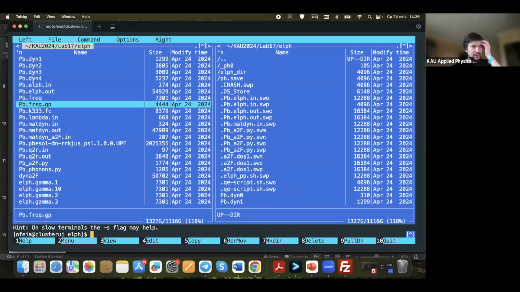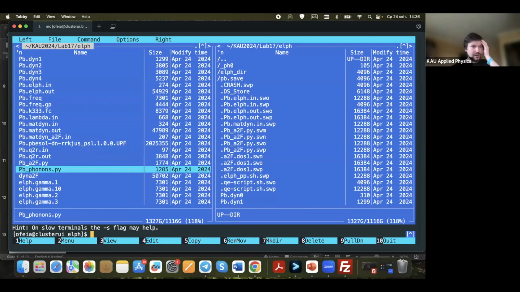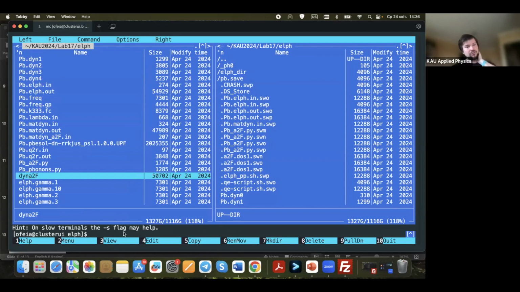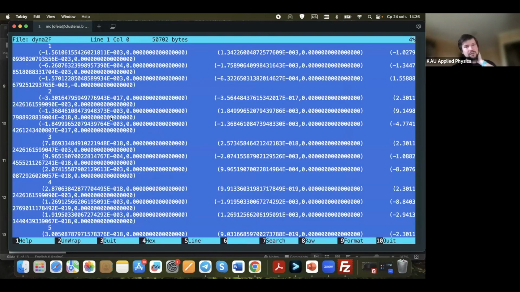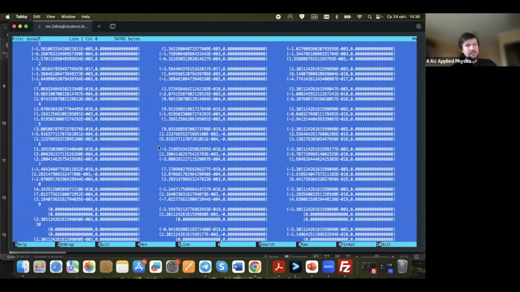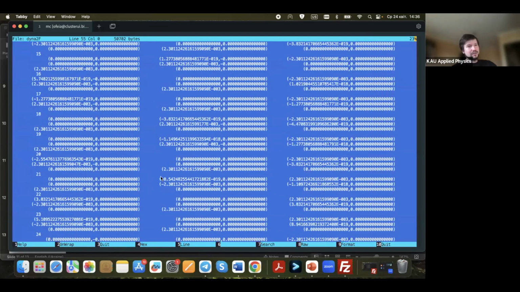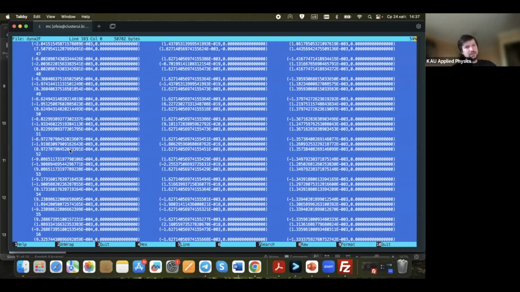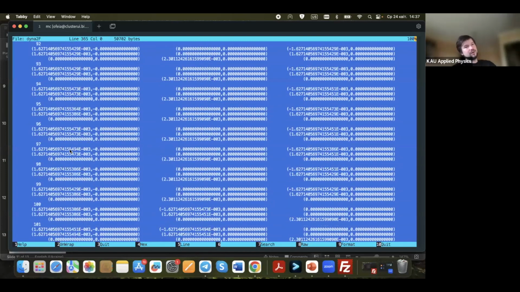But then we also have a dynamical matrix for this spec, which will be used for electron-phonon calculations. Here it is. Here is this matrix. It's rather complicated. It is for each Q point in our path.